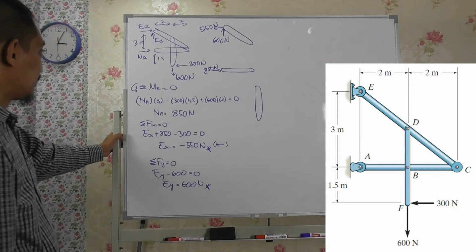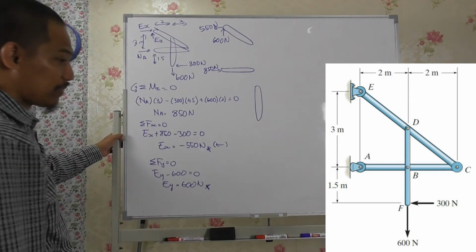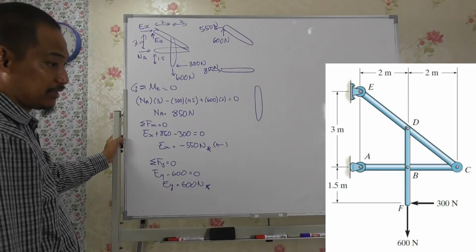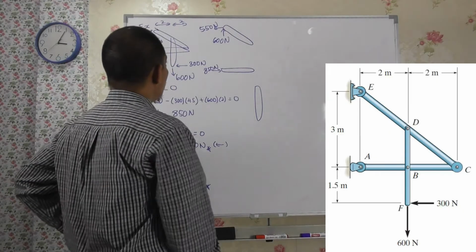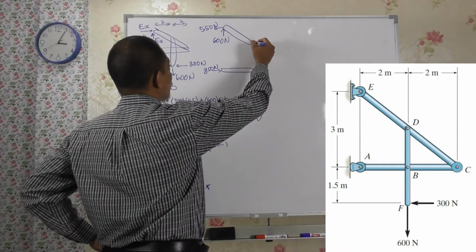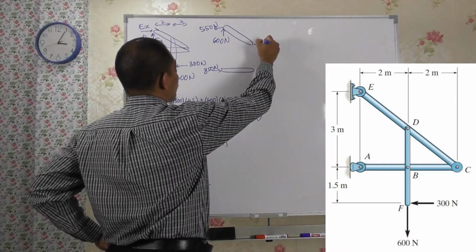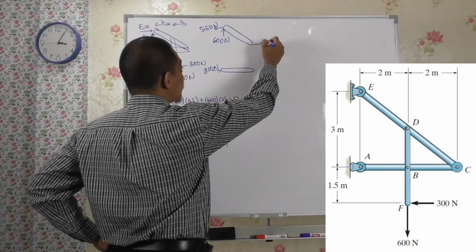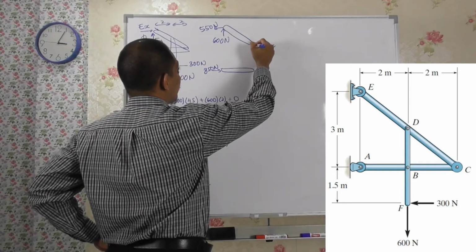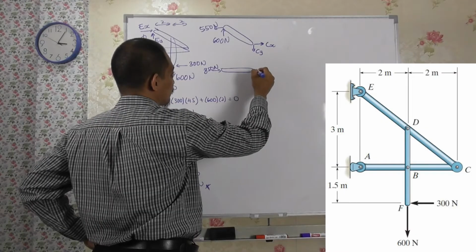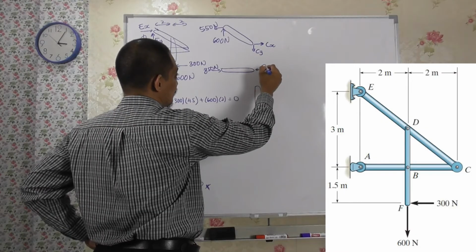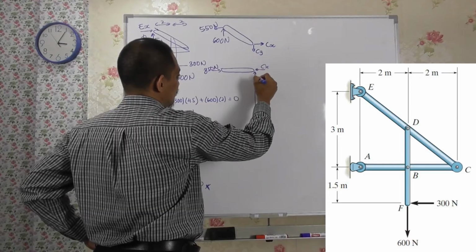The rest is the interaction between members. So at point C first, let's say this is Cx and Cy, and this should be the opposite, so Cx, Cy.